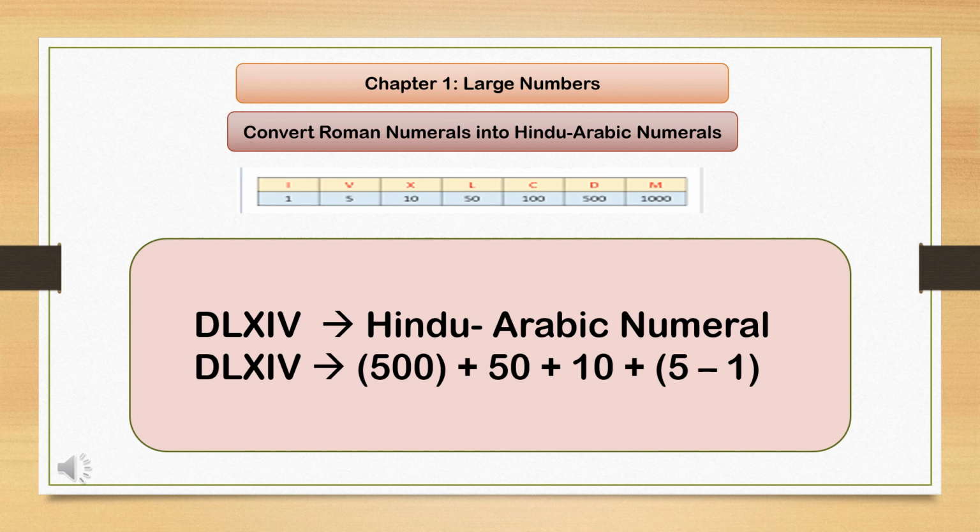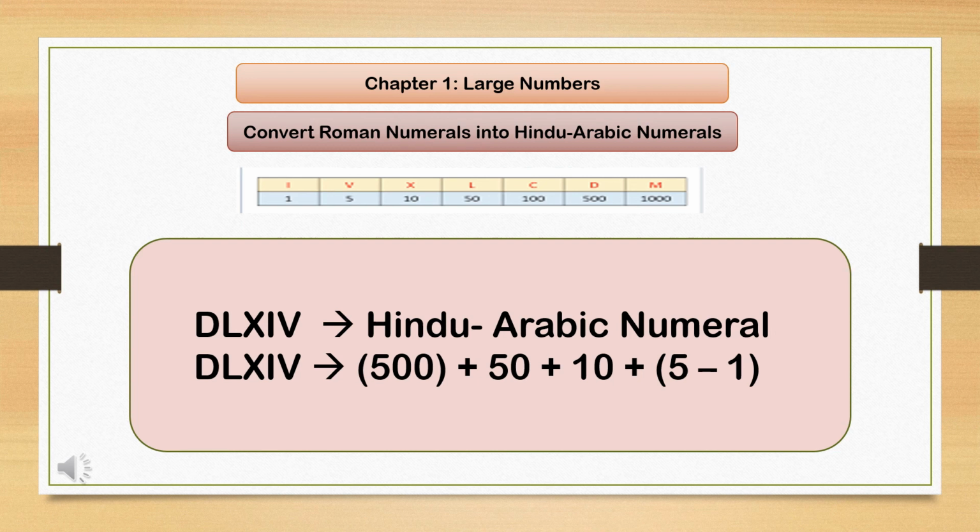So the value of D is 500. Next we have L. So when you look at the chart, you will get to know the value of L is 50. Next we have X. The value of X is 10.